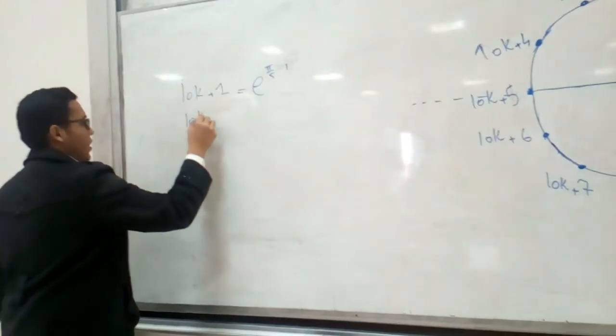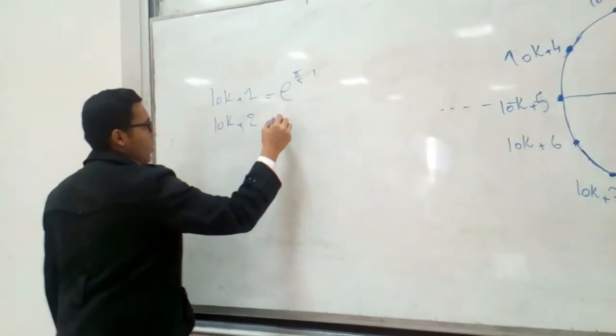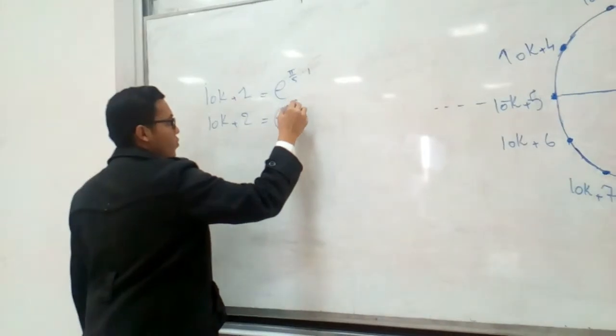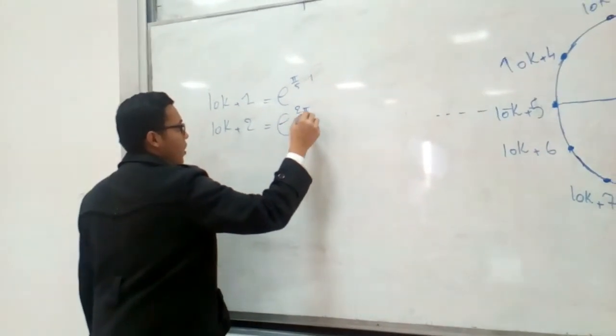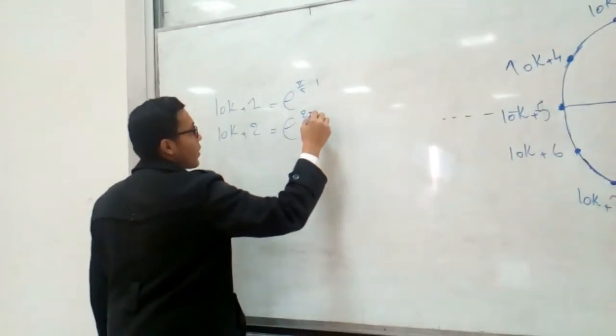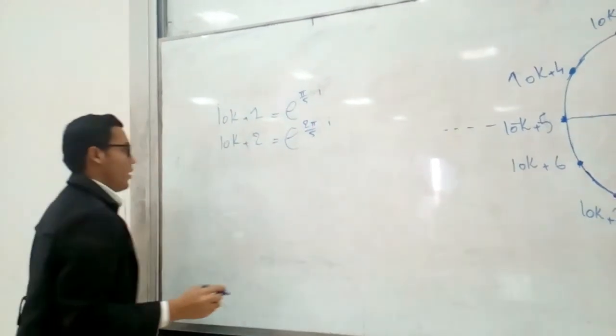Also, 10k plus 2 is exponent of 2 pi divided by 5 multiplied by i.